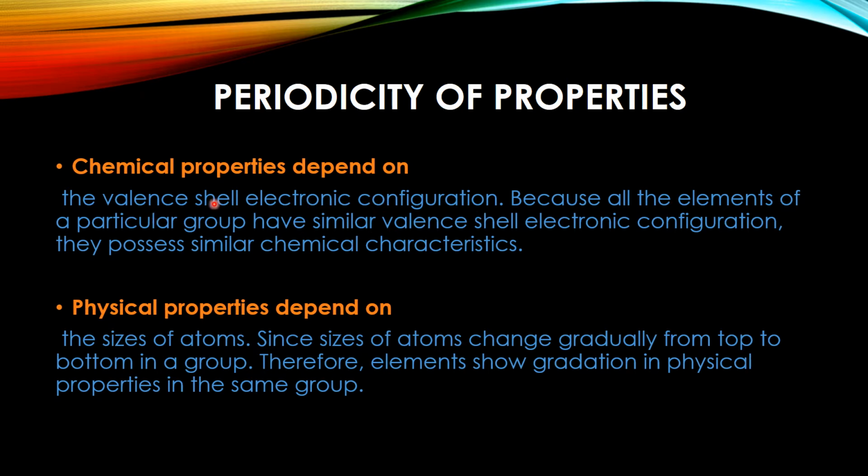But in the group, physical properties will be different. The reason is that physical properties depend on the size of the atom, and the size of the atom changes from top to bottom when we are moving in a group, so they show a difference in their physical properties.